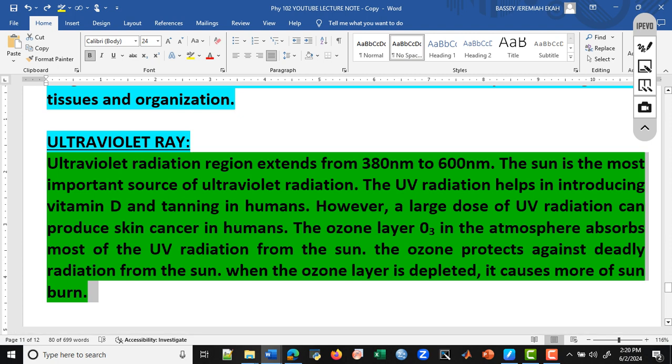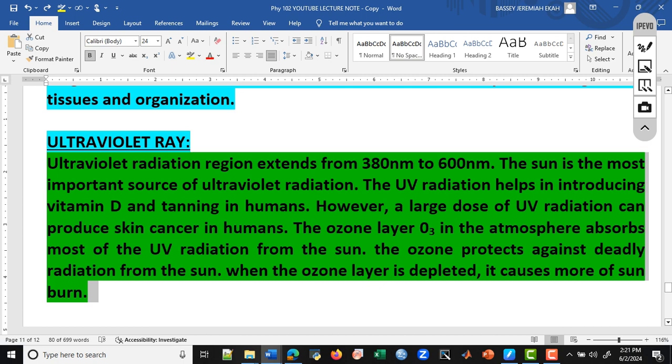The UV radiation, the ultraviolet radiation, helps in introducing vitamin D and tanning to humans. So that's another benefit of the UV radiation. It introduces vitamin D, and also it gives us a specific skin color. That's what the word tanning is referring to.